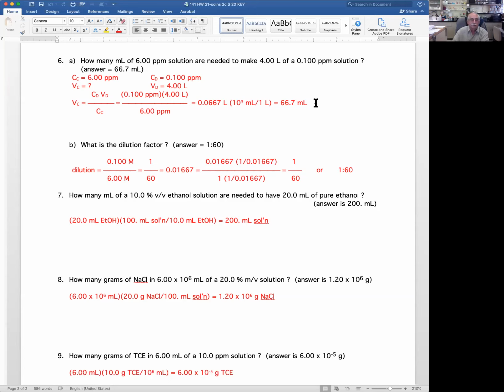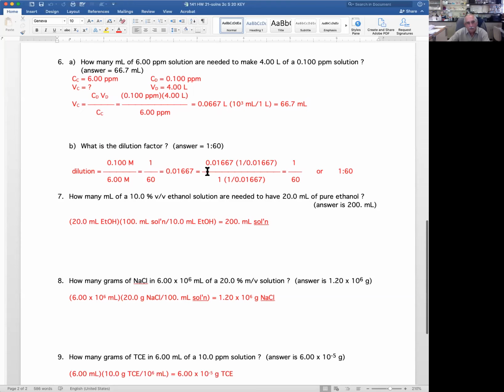What was the dilution factor? Well, we went from 6 to 0.1. So if I move the decimal place over 1, move the decimal place over 1, cancel out, it is 1 to 60. If I didn't have an easy way of doing that and I just passed that step, I would get a numerical value, a decimal value.